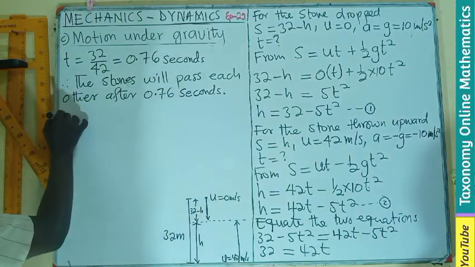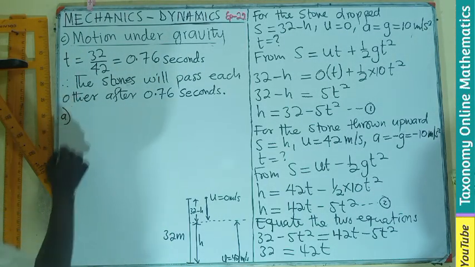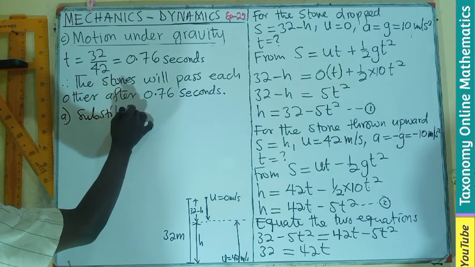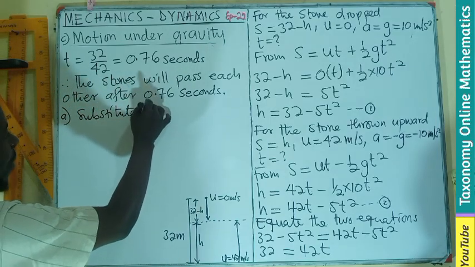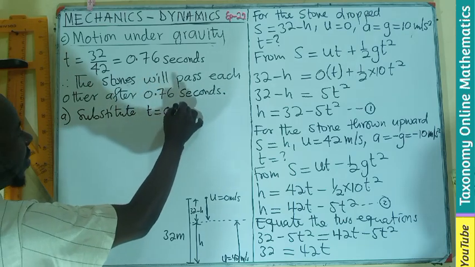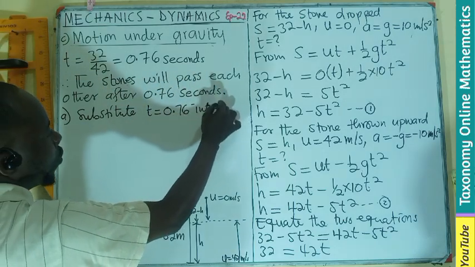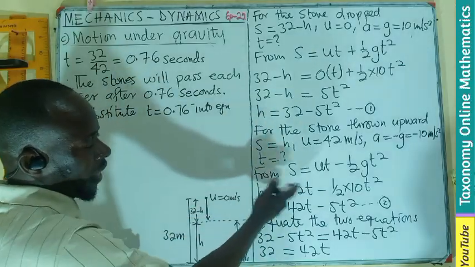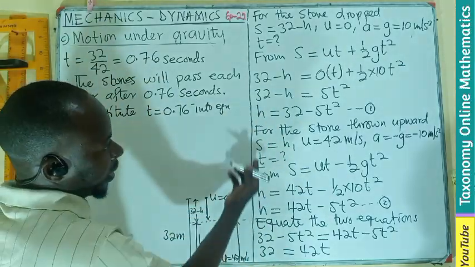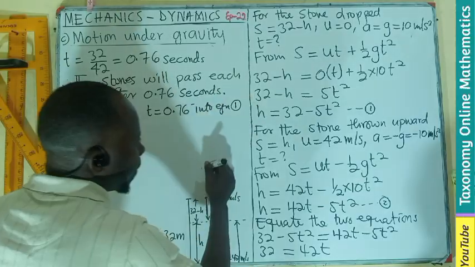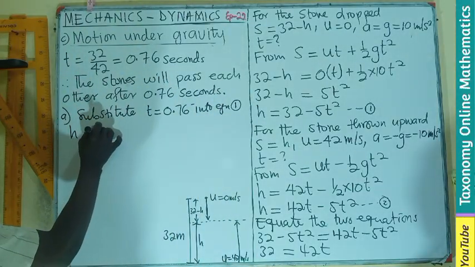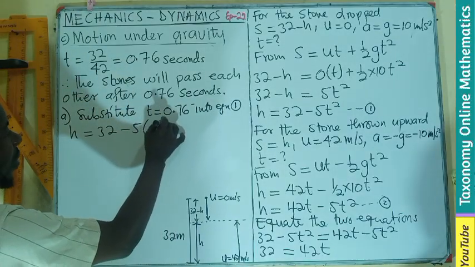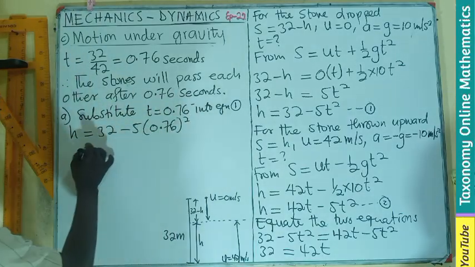But the first part was asking for the distance. So let's substitute our t equals 0.76 into any of the equations. We have equation 1 and equation 2, they are all in terms of h. I think the shortest one is equation 1. That means h will be equal to 32 minus 5 times 0.76 all squared.